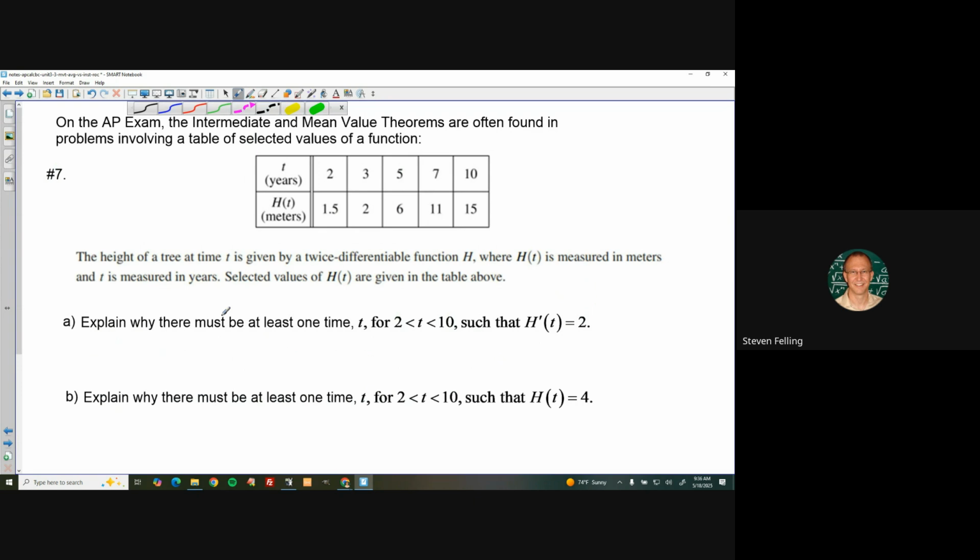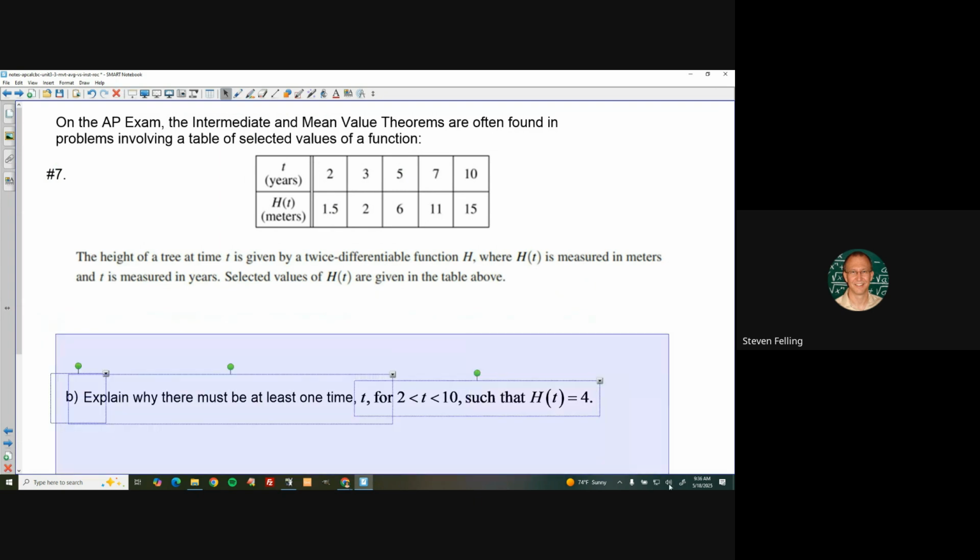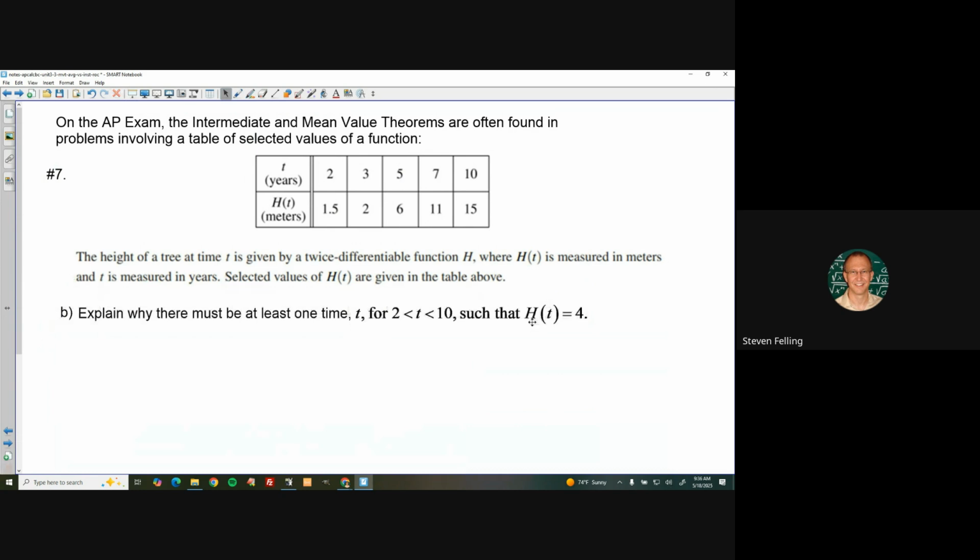Okay, and then in part B of the last example here, we are being asked questions about the y value of h being 4. Right, so again, I'm going to change the interval here from, although actually I could leave this one the same, so I'll leave it the same.